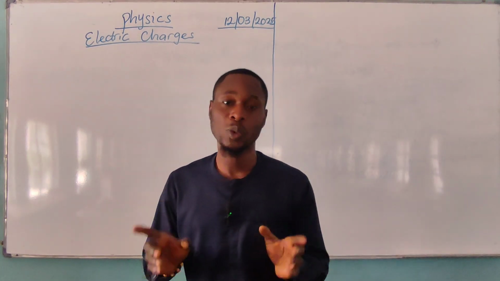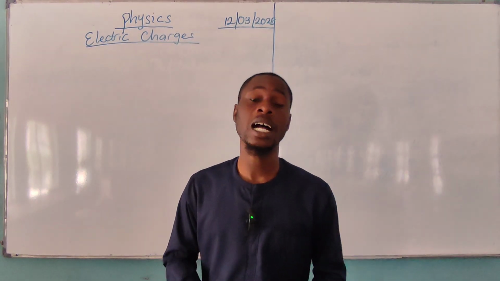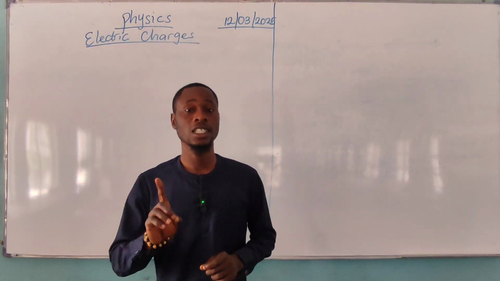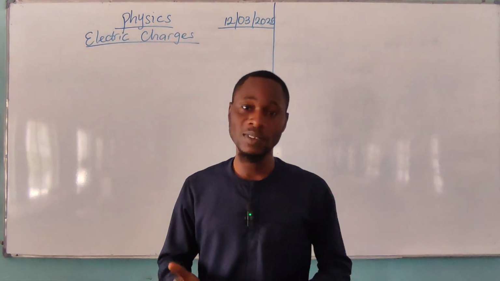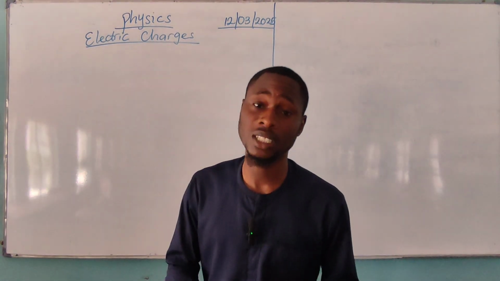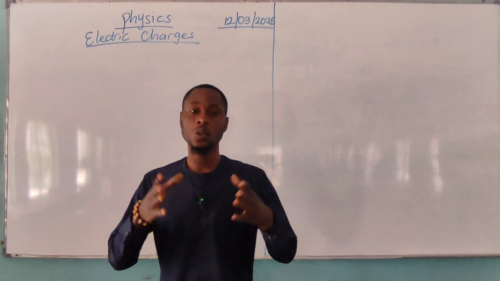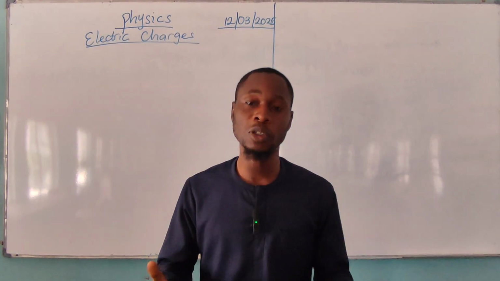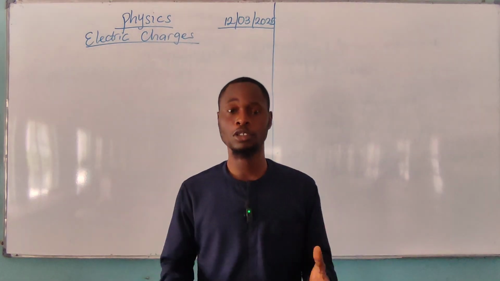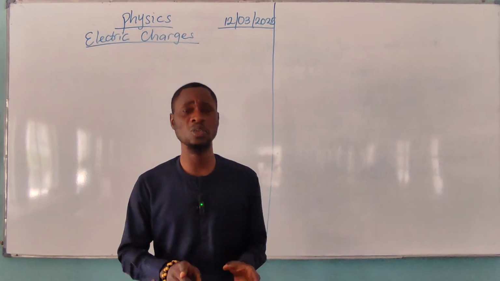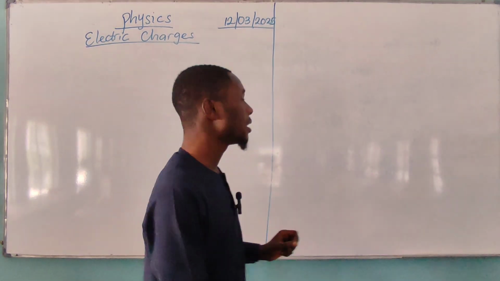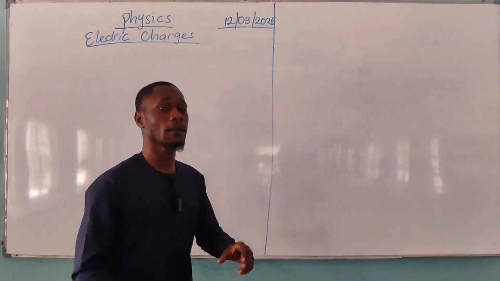The protons are positively charged, while the neutrons have no charge, they are neutral. All right, so these are what we need to know about the atomic structure.